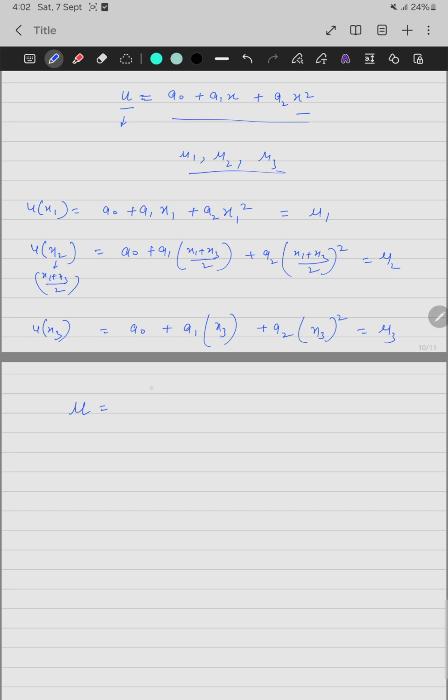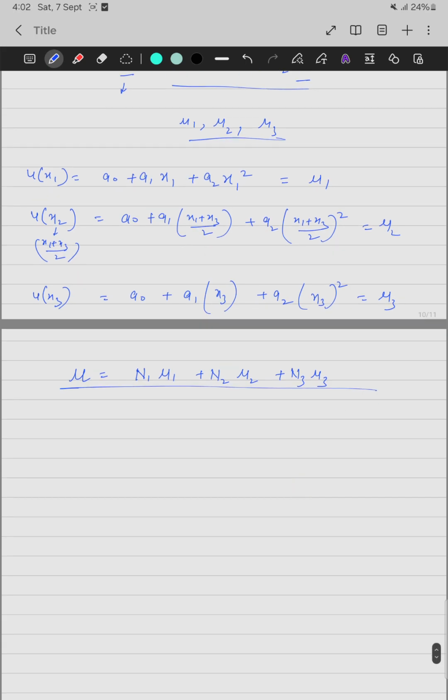So we'll get our equation as N1 u1 plus N2 u2 plus N3 u3. We have our displacement in terms of u1, u2, u3 and shape functions.